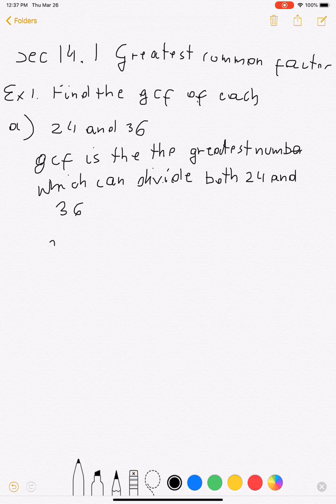So you have 24 and 36. The greatest number which can divide 24 and 36 will be 12. Greatest common factor equals 12, since 12 can divide 24 and 12 can divide 36.